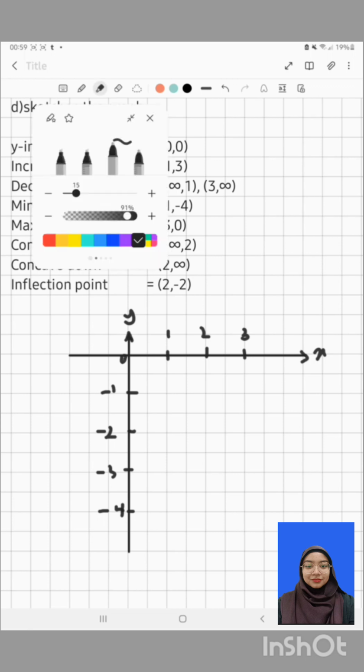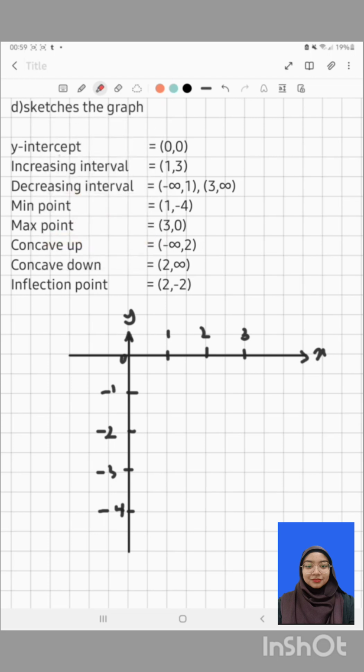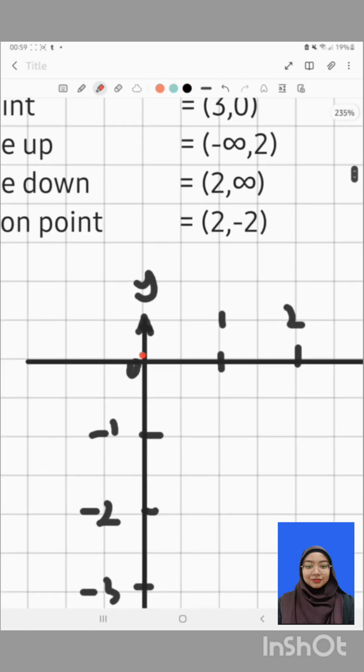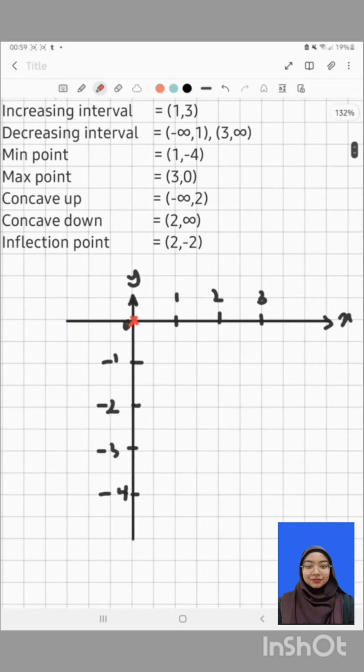So we can plot our points. The first point is the y-intercept, 0, 0. So here. And next is the minimum point at 1, -4.